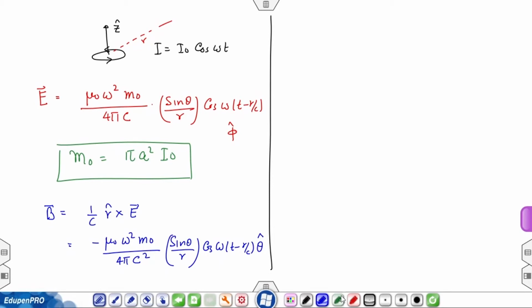So, let us see what is happening. Here is this point dipole. Far away from it at vector r, I have E field, I have B field which is going in the minus theta direction, and this whole radiation is going out like this.